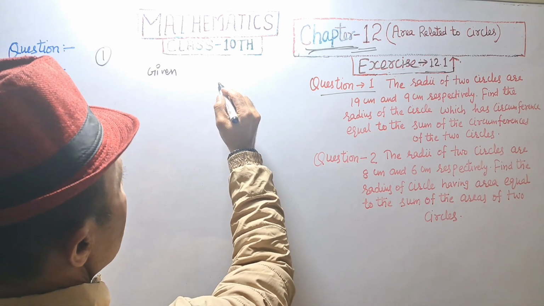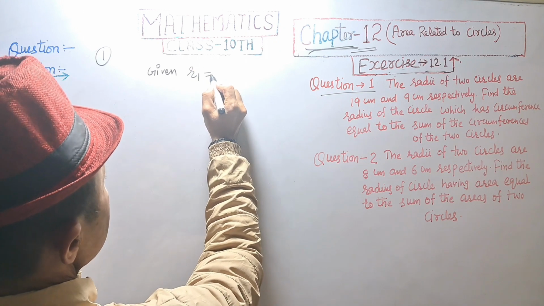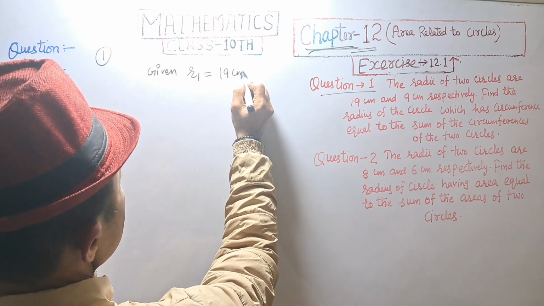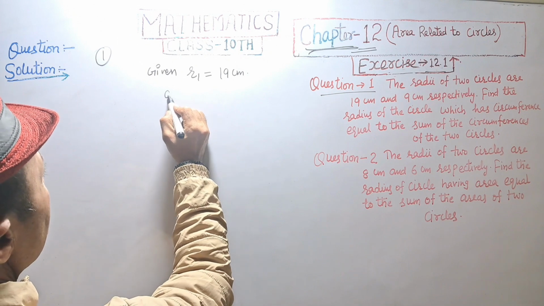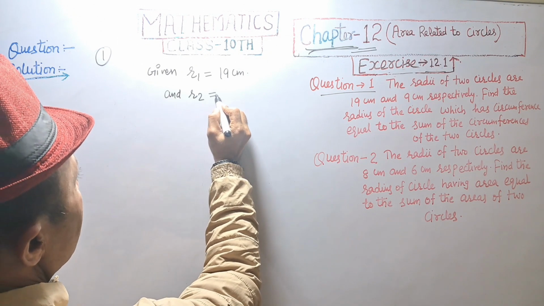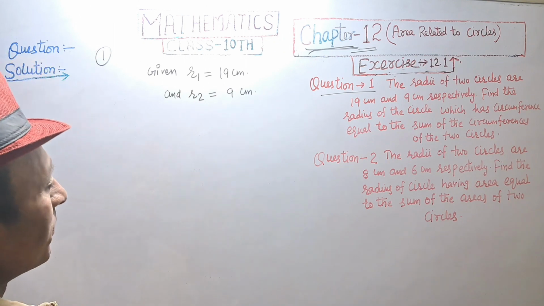Given R1 is equal to 19 centimeter and R2 is equal to 9 centimeter.